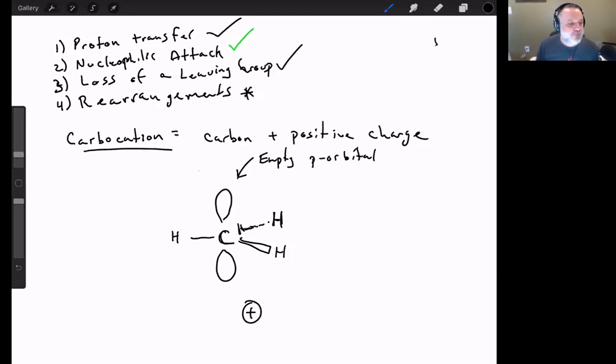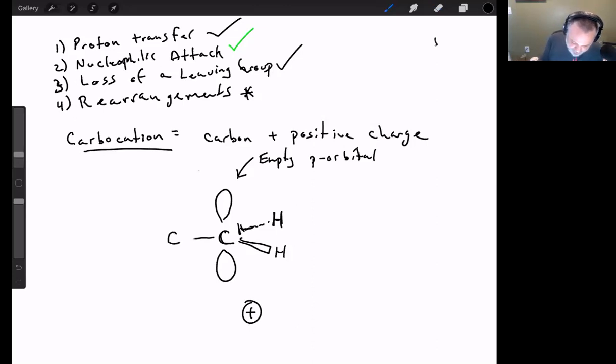Now, I've drawn a picture of the methyl cation. And what I want to do now is change it to a primary cation.